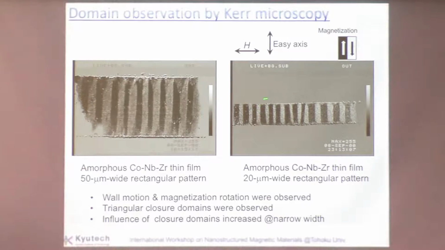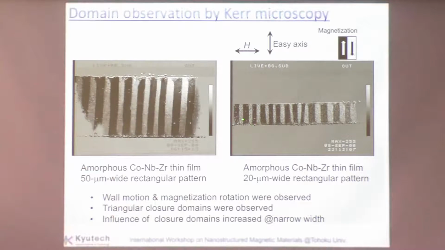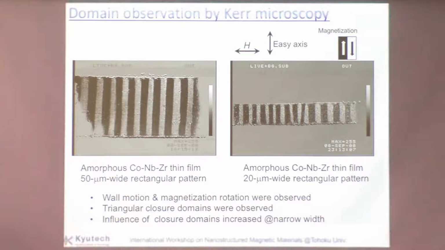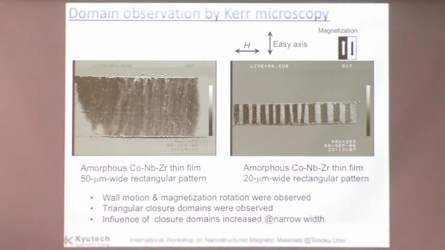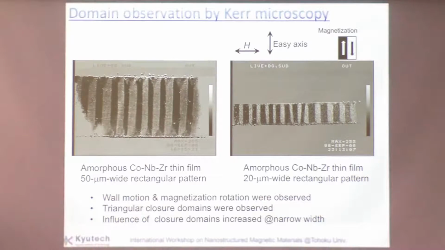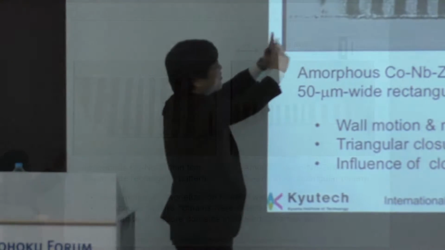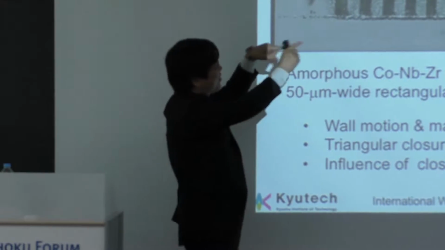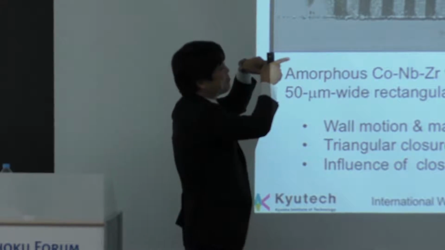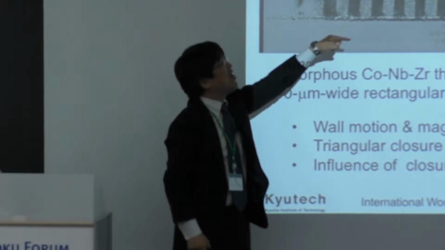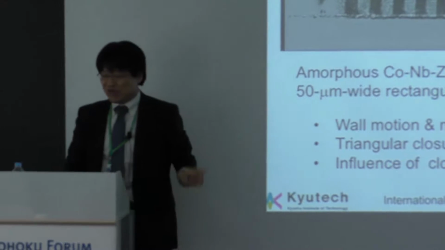In this figure, dark contrast and bright contrast can be seen. Dark contrast and bright contrast show the upward and downward magnetization component. So wall motion occurs and magnetization rotation occurs. If the magnetization tilts to this direction, we can see the gray contrast.